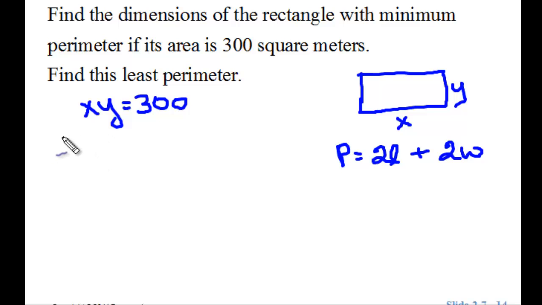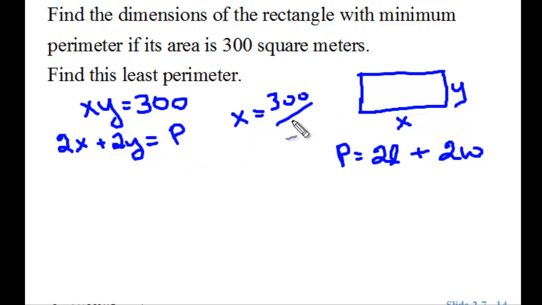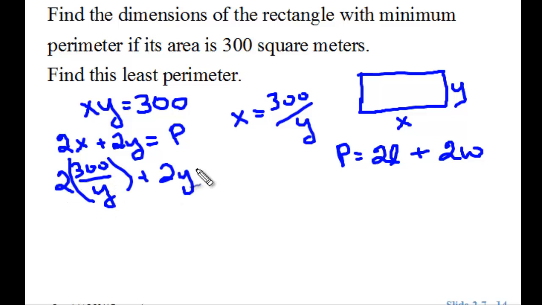In this case, 2x plus 2y is our perimeter. Using substitution, we can substitute in for either the x or the y. We know that x equals 300 divided by y. So I'll put in 2 times 300 divided by y plus 2y is equal to p, and I could have done that with the x just the same, it doesn't matter.